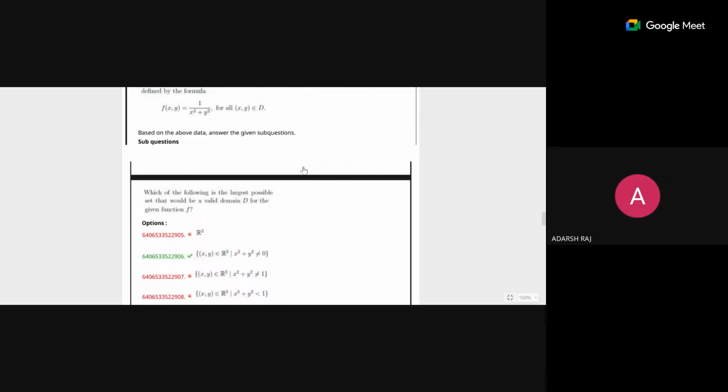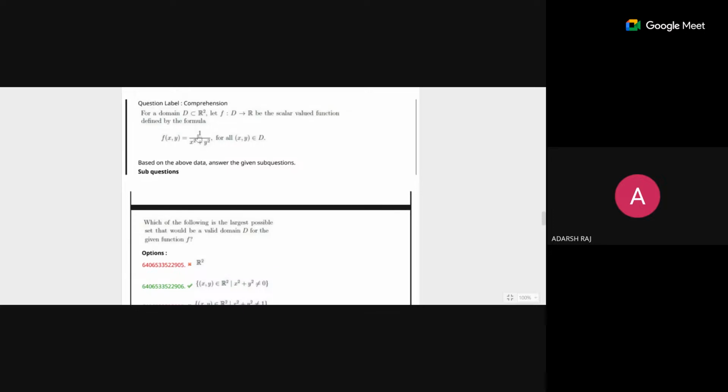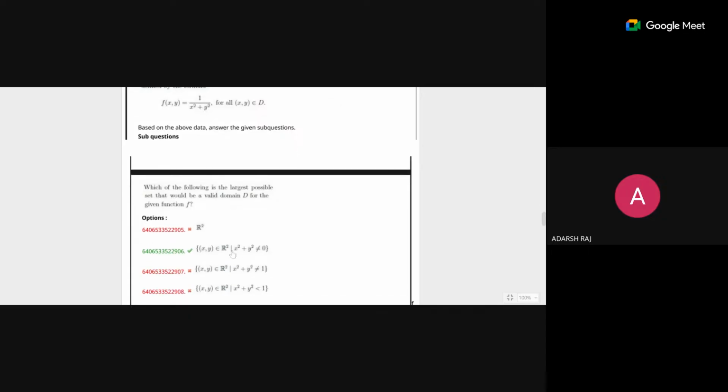Which option is satisfying? The second one, right? This value will not equal 0. What will be 1 by 0? This is not defined. 1 by 0 is infinity, so this is not defined. So this option will be correct.